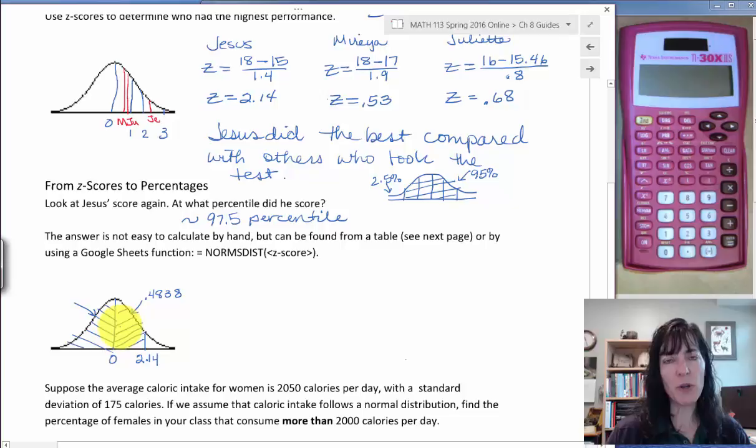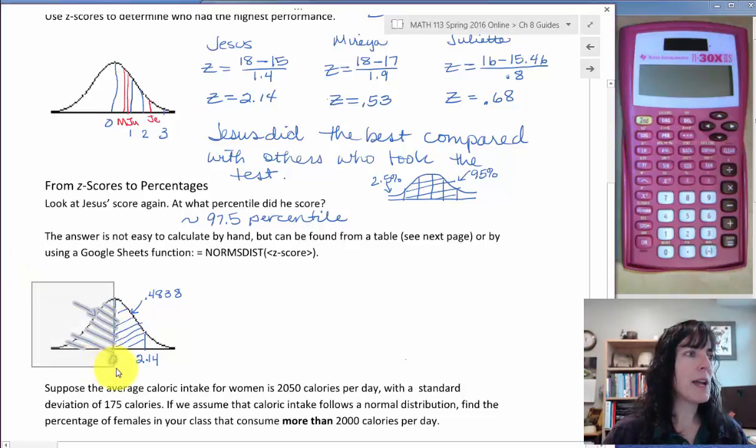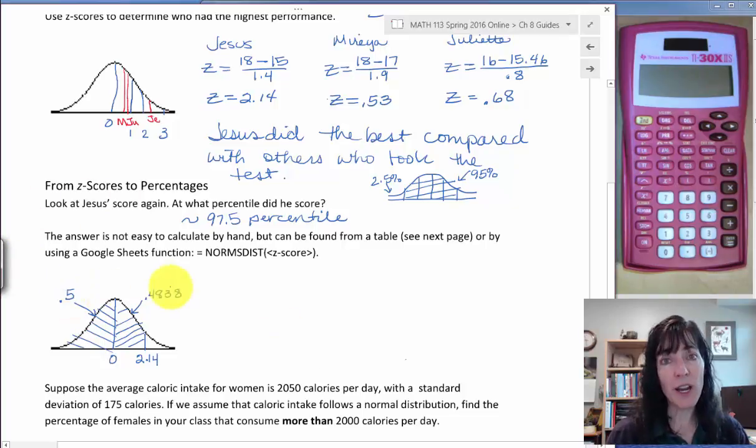Well, that's where the symmetry comes in, because right in the middle, that's half. So if you take off one side, or we're only looking at this side here, that side that I have highlighted, that is half of your distribution, right? Just like we were working with before. So that is half, and so that has 0.5 for its area, because the whole curve has an area of 1.